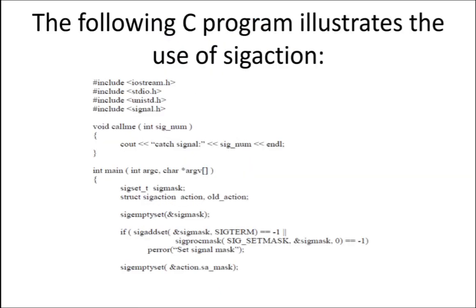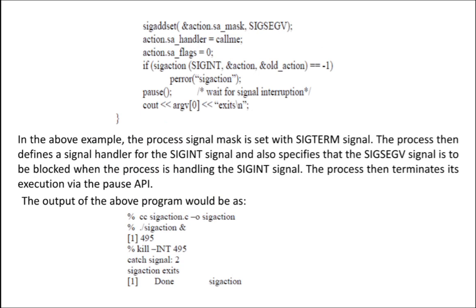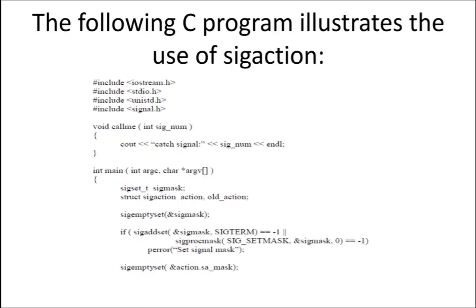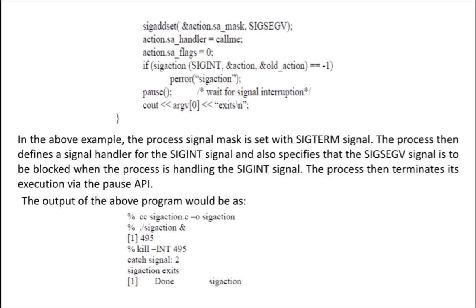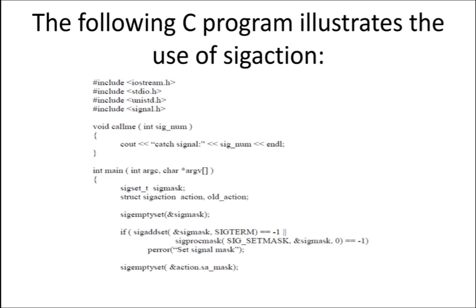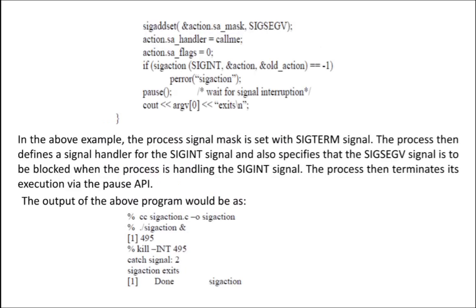After adding the signal to the signal mask, I am calling the action handler call_me. It will catch the signal. Which signal will it catch? SIGSEGV. It will catch that segmentation signal and take the action. Whatever action I define in the struct sigaction, it is going to apply that action to that particular signal, which is SIGSEGV.